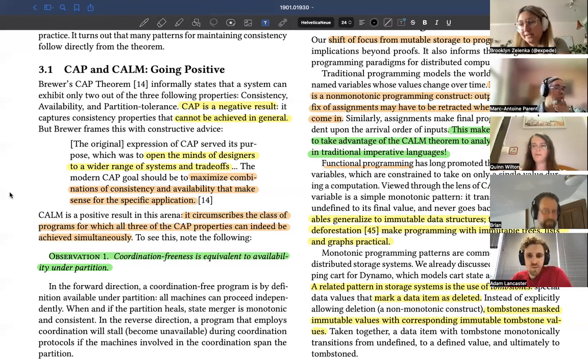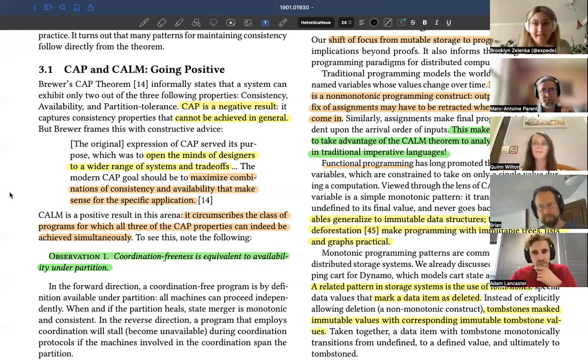Yeah, so you don't get consistency at all times, as in not everyone has the same state, right? But you're consistent enough that you can continue making progress. There are two properties that they actually don't talk about in this paper at all, which are progress and liveness, I think.